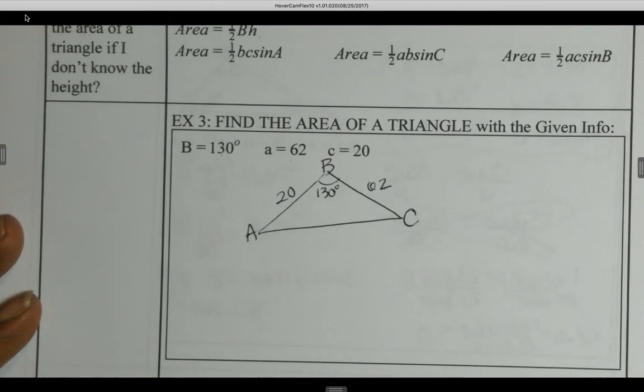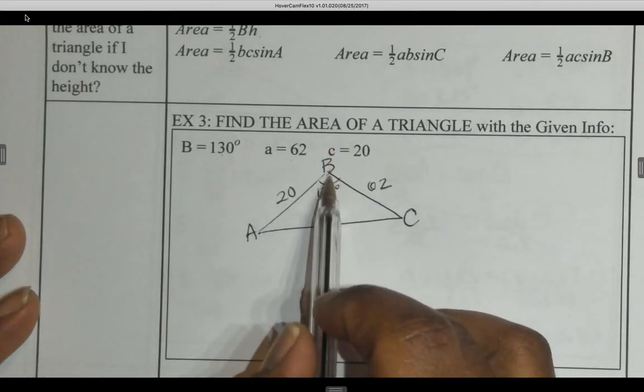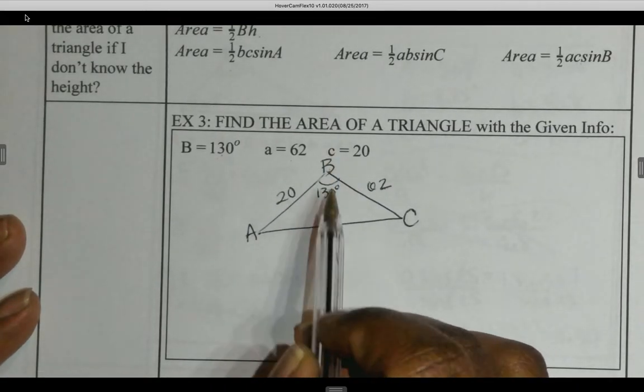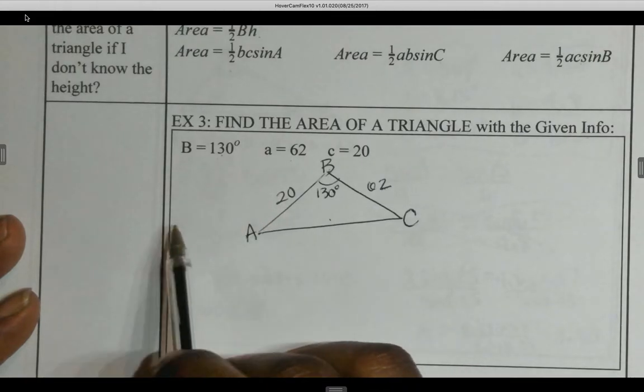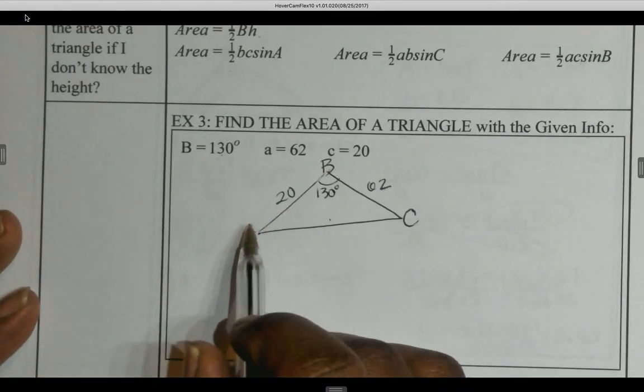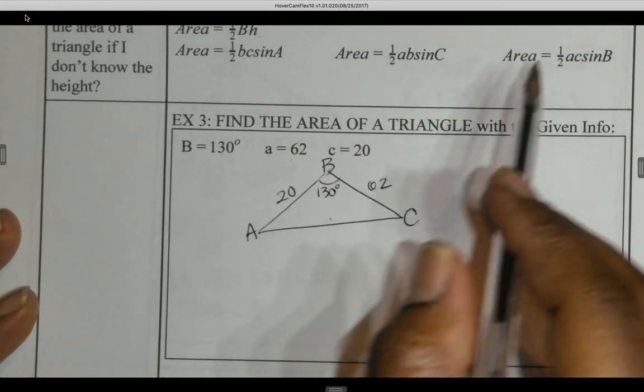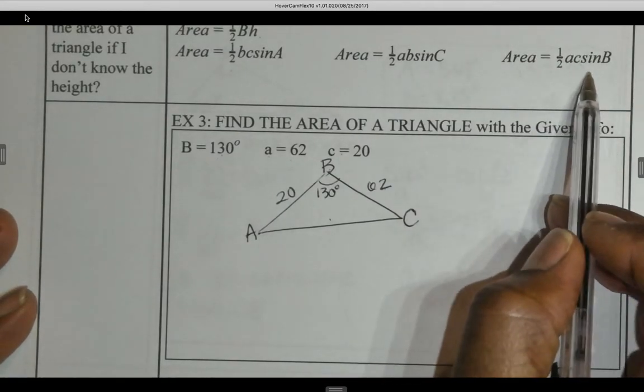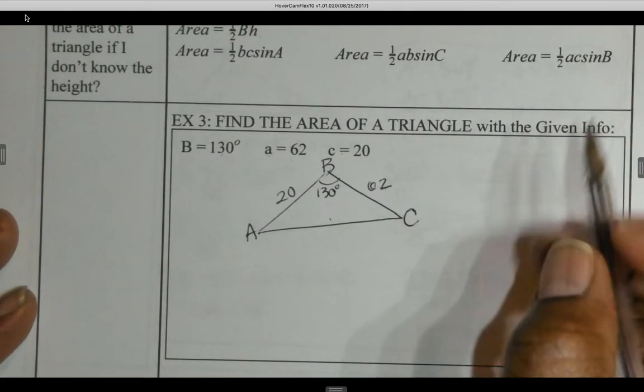We're looking for the area. We don't know the height, so I have to use a formula that tells me the area without knowing the height. I know sides A and C, and I know angle B, so I'm going to use that formula.